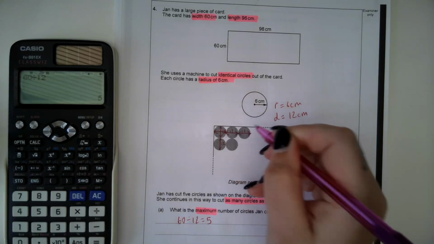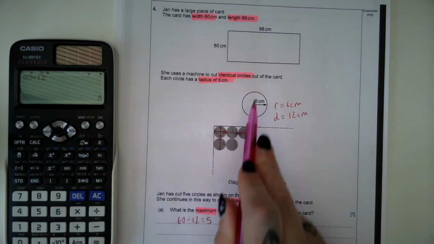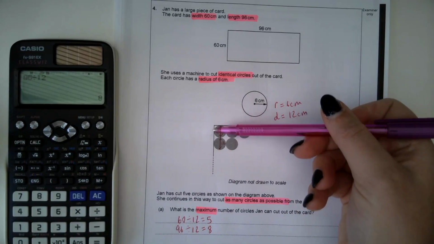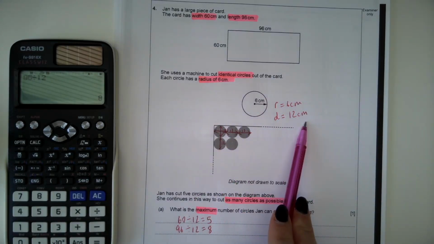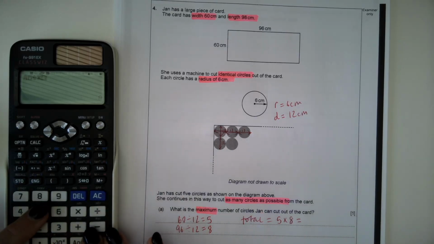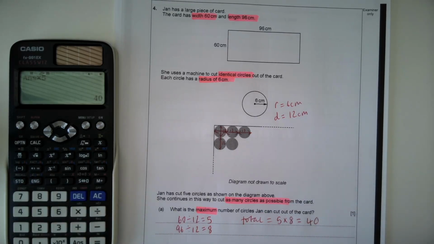So these are all 12. So we can divide this length by 12. So 96 divided by 12 is 8. So we would have 5 circles down, 8 circles across. So the total number of circles would be 5 multiplied by 8, which is 40.